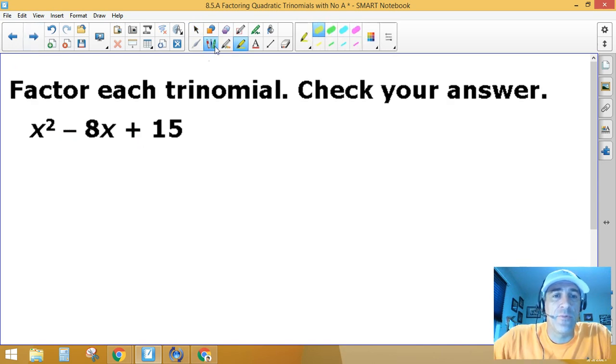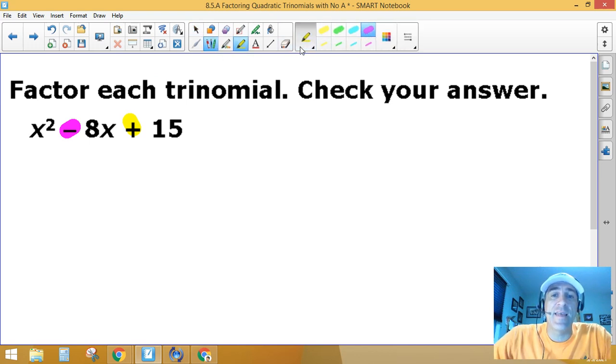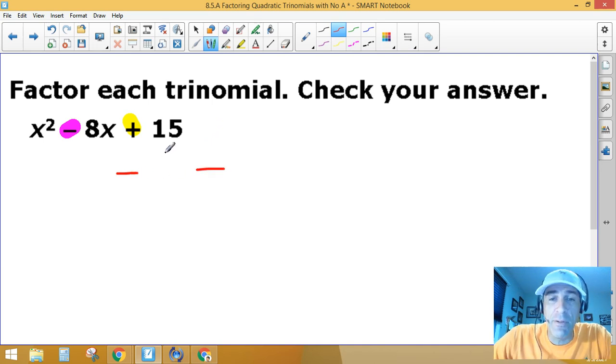All right, here we have an example. So here I have a positive 15, so that means both of my factors are going to be the same sign. But here I have a minus 8. What that means is that both of my factors are going to be negative, meaning what two numbers multiply together to get positive 15, but if I add them, I get negative 8. So really, you can forget about the negative for a moment: what two factors multiply together to get 15 and add to get 8?